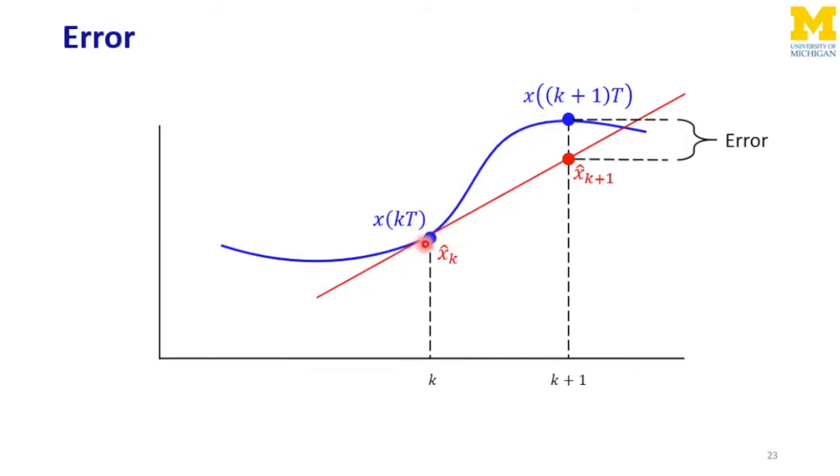The continuous time system goes from kT to (k plus 1)T according to the differential equation, and it lands here. And the discrete time system is simply making a jump from step k to k plus 1, and it lands here. So even if we start from the same state, there is going to be error between these two states. And this is the error that we are trying to characterize.